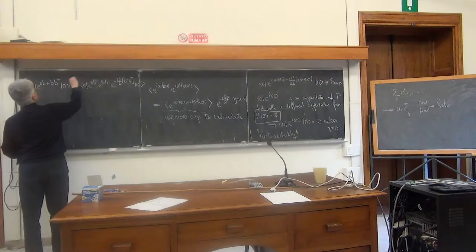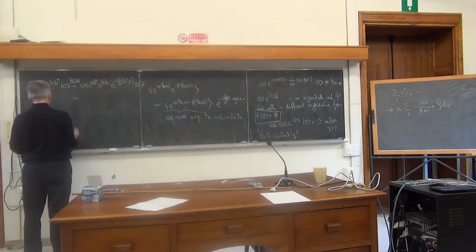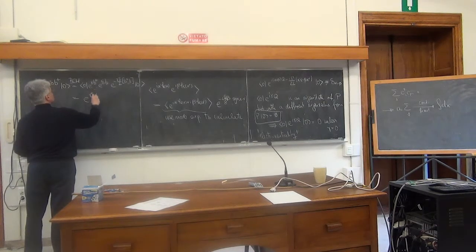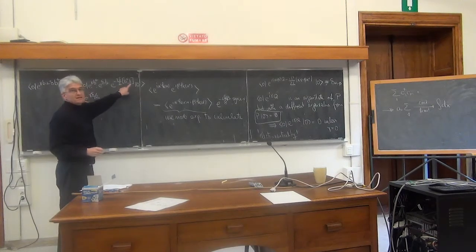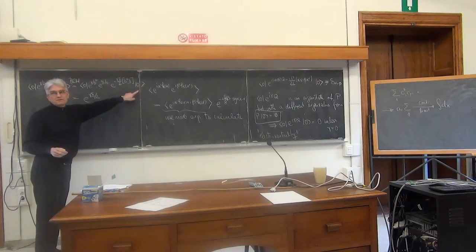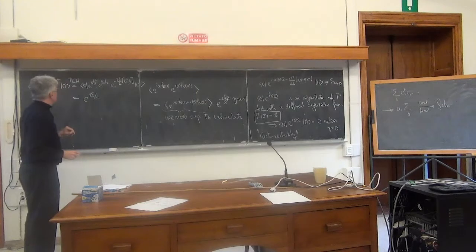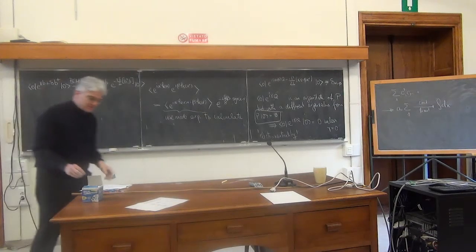So this would be Baker-Campbell-Hausdorff. But this is then just equal to e to the gamma delta over 2, because the commutator of b dagger with b is minus 1, and b annihilates the vacuum. Alright, so I have this. And now I can do this for every finite momentum mode.